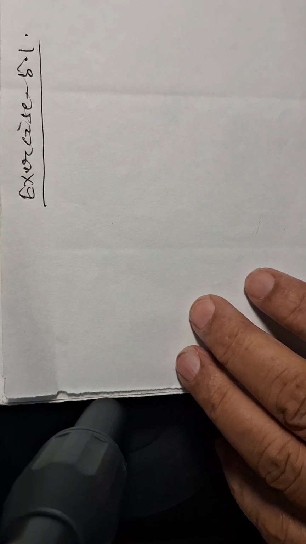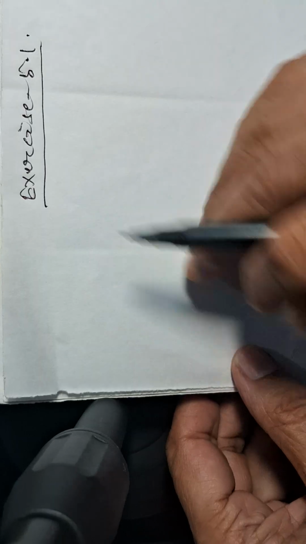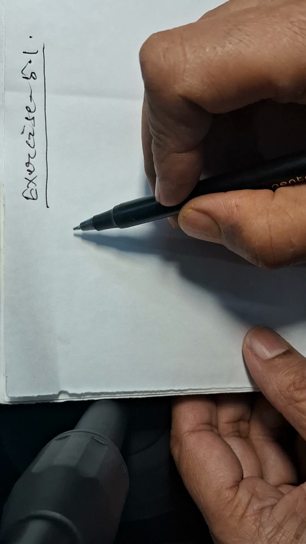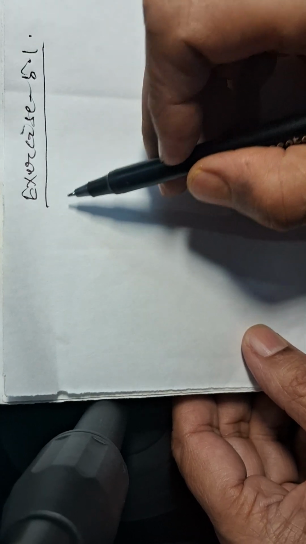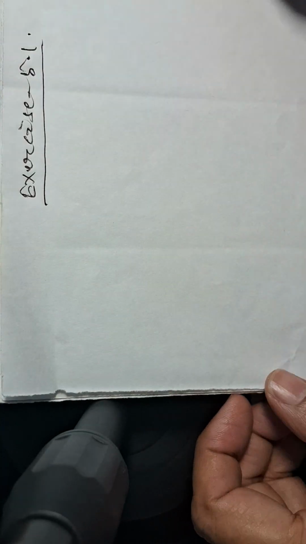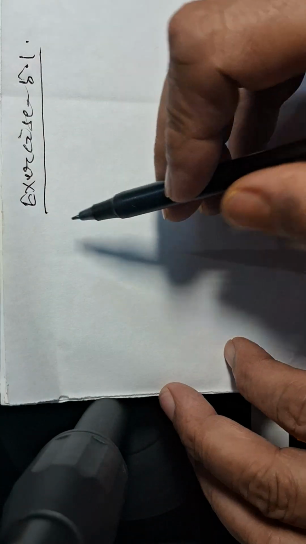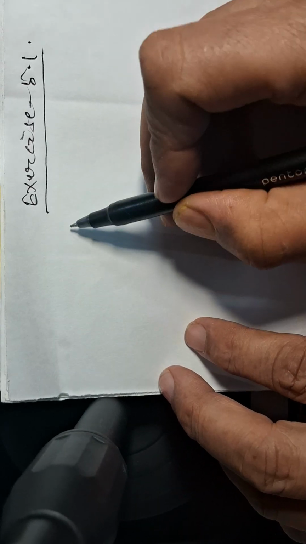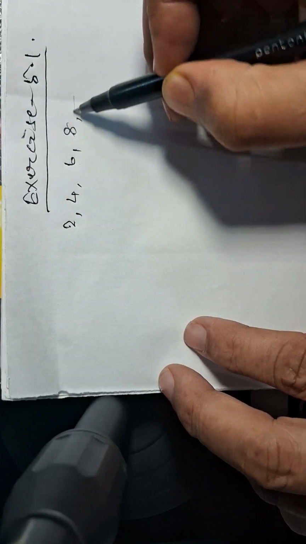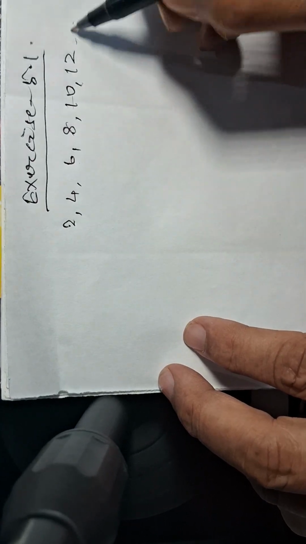Before proceeding ahead, we have to learn something more about the arithmetic progression. We discussed that an arithmetic progression has a common difference between two terms. For example, we write 2, 4, 6, 8, 10, 12 and so on.